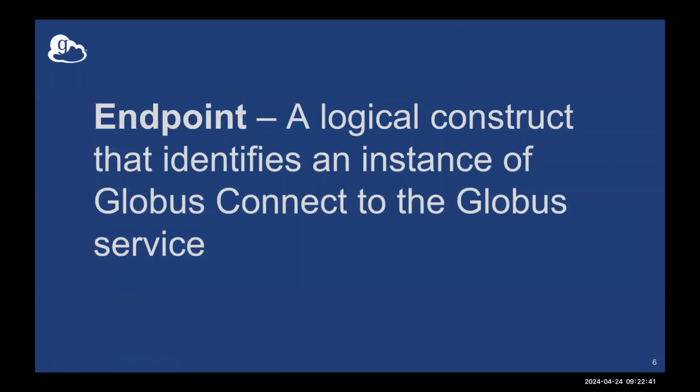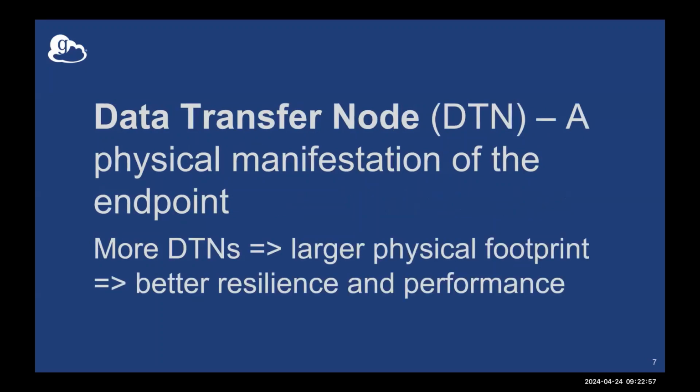And so, a summary: an endpoint is a logical construct that identifies an instance of Globus Connect to the Globus service. So it's just a label, and you will see lots of them. Globus is all about UUIDs, so it is a UUID. A data transfer node is a physical manifestation of the endpoint. It's actually a server.